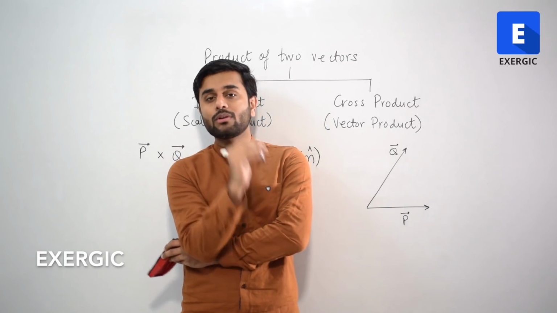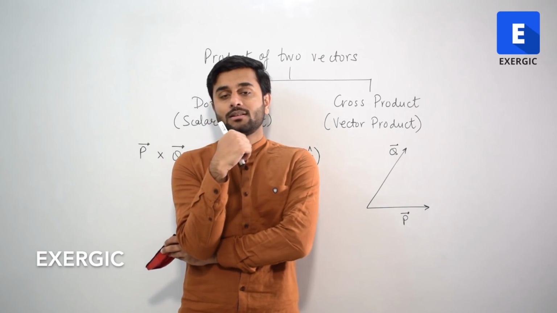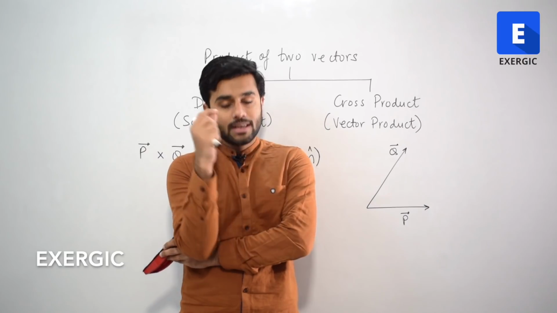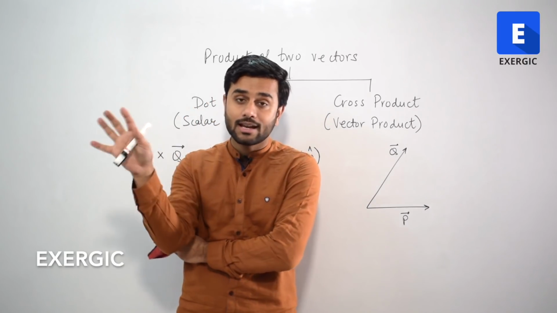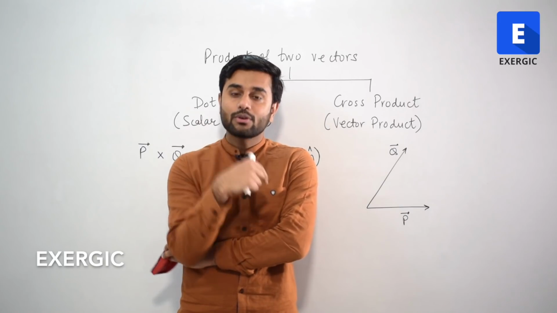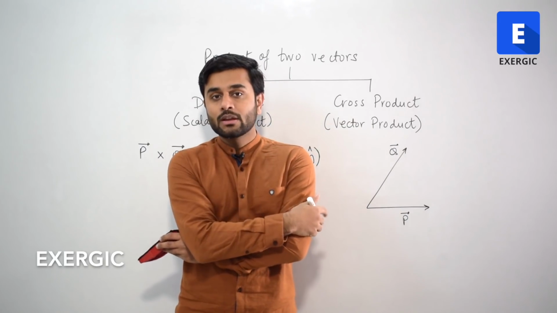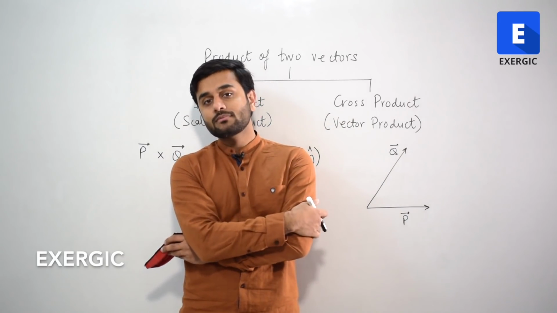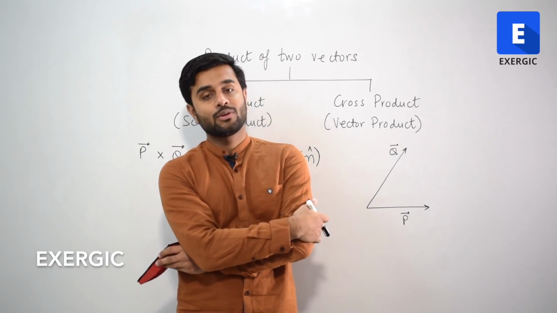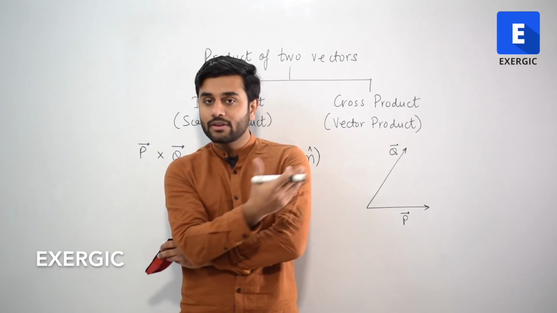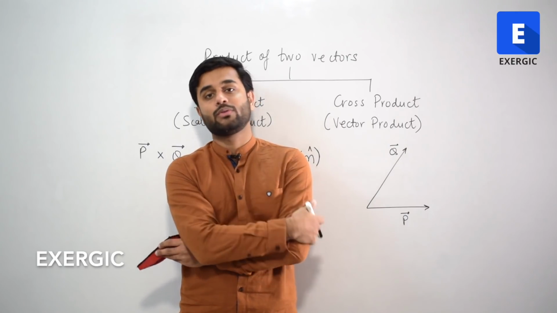I told you that before we define these products, it's very important to have the objective in your mind. Just like the objective was clear in scalar product, in a similar way for the product of vectors, the objective should be clear, and the objective should have some usage as well. What are the usages in this case? I have given you the example, torque or moment of a force, right?